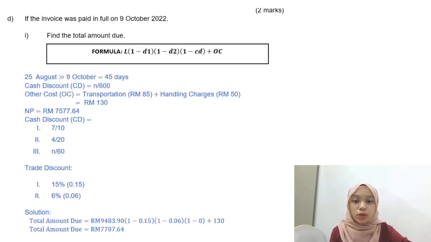And to get the total of the other costs, it is the cost of transportation plus handling charge, which is 85 plus 50, equivalent to 130.